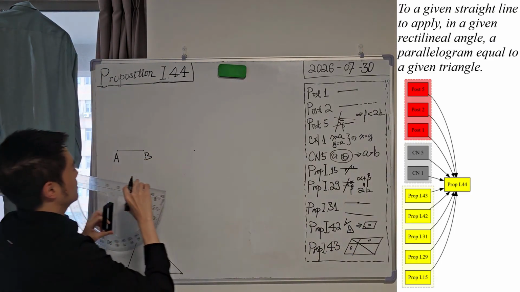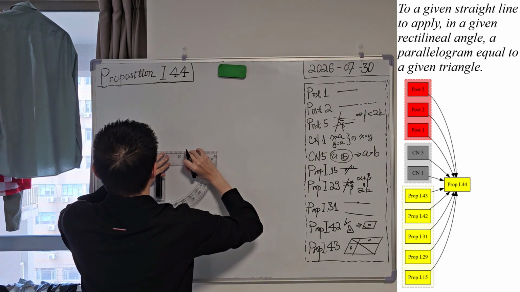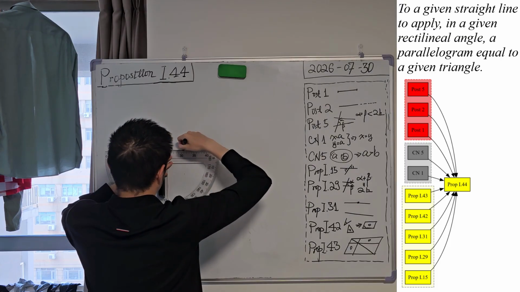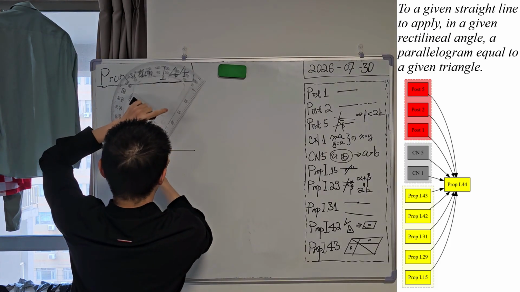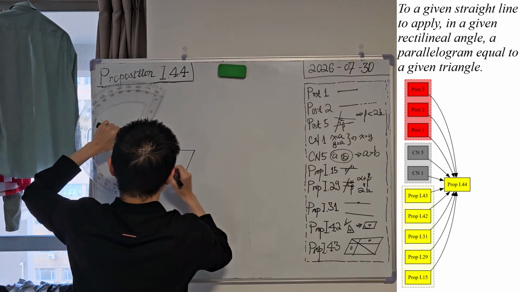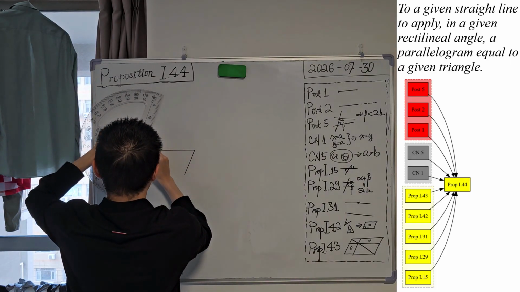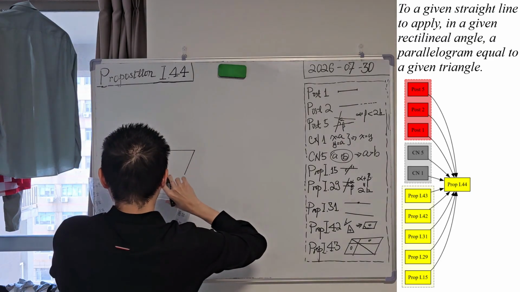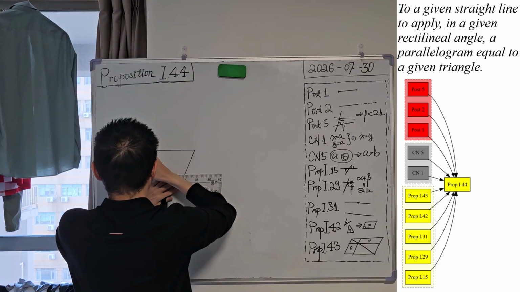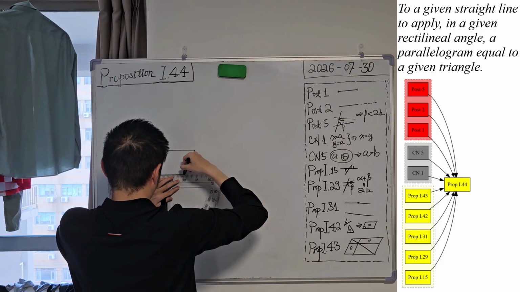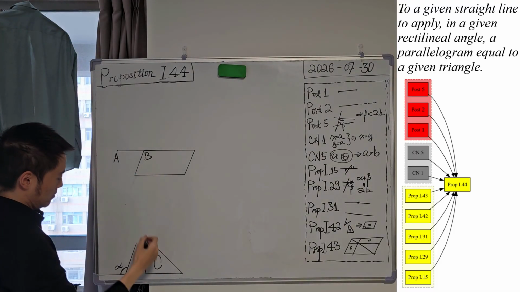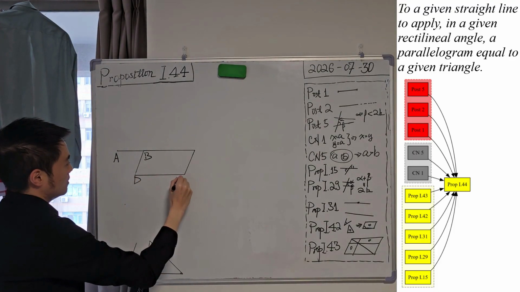So this is AB, and we construct it here. Okay, and let's name it BDEF.